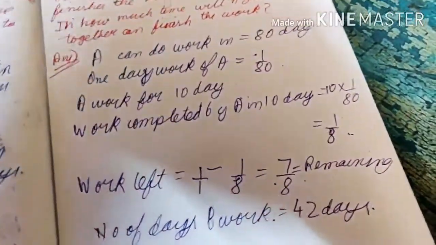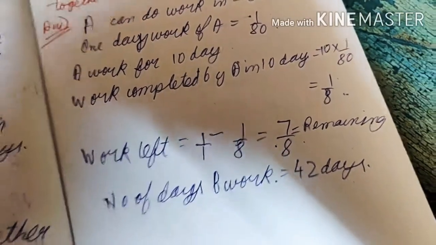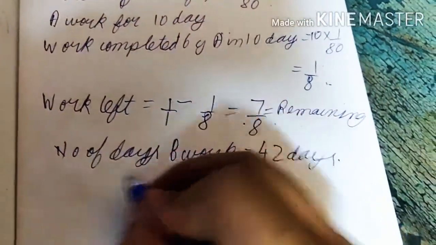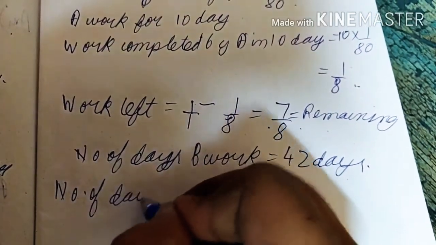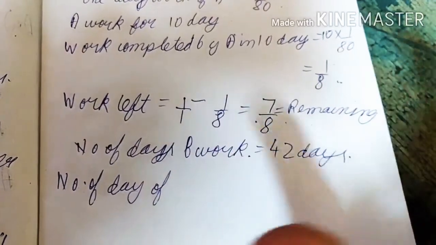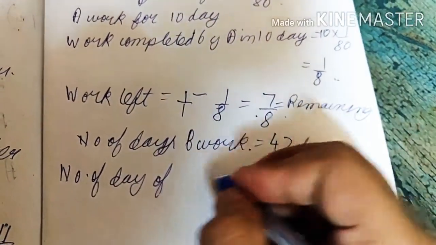So as per the formula given in the starting, we don't know B's 1 day work or B's total time required to complete the work. It's just for the remaining work.